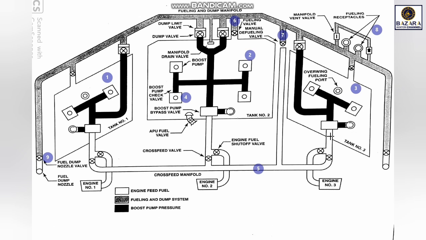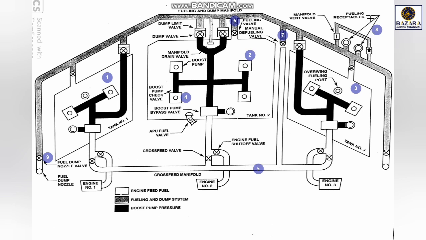And the 3rd tank will have a boost pump and it will go to the engine. If we want to take fuel from the left tank, or from tank 3, to engine number 2, we can use the cross-feed valve. We open the cross-feed valve here, and the fuel will arrive at engine number 2 and can also arrive at engine number 1.